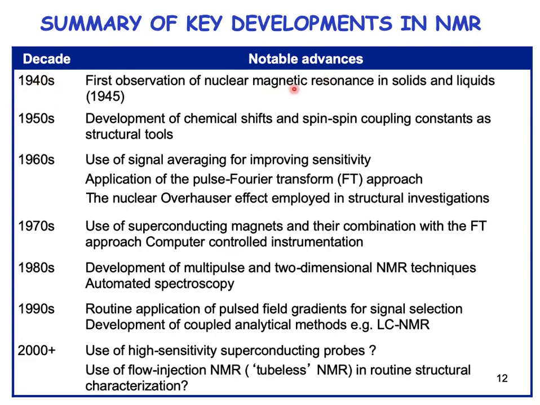First was the observation of nuclear magnetic resonance in solids and liquids, and then you can see 1950, 60 and 70, and up to 2000 plus, the use of highly sensitive superconducting probes. Generally, the magnet used in nuclear magnetic resonance spectroscopy is a superconducting magnet, which is kept under superconducting liquid.